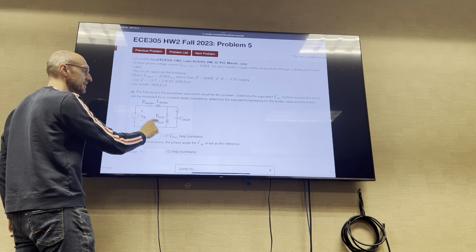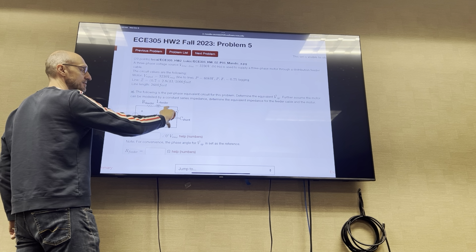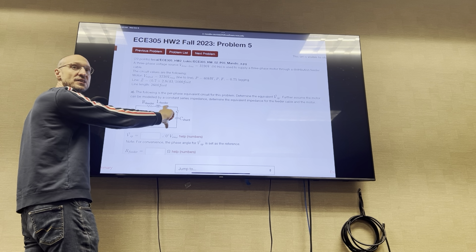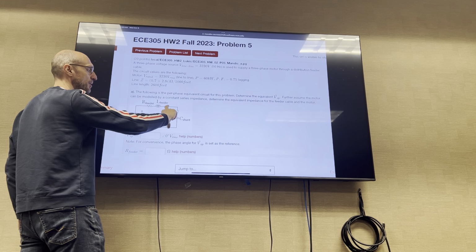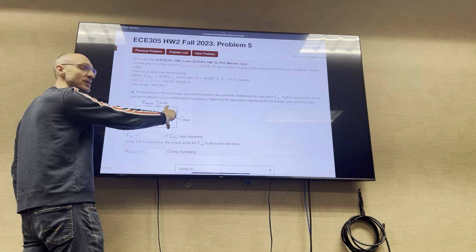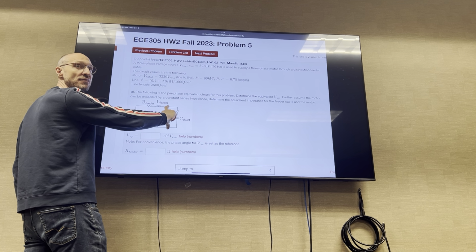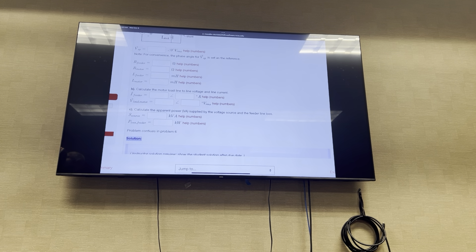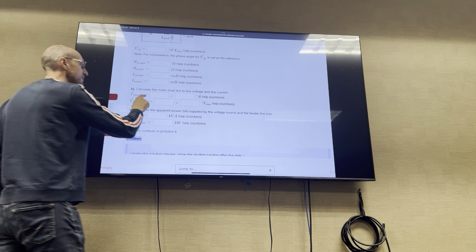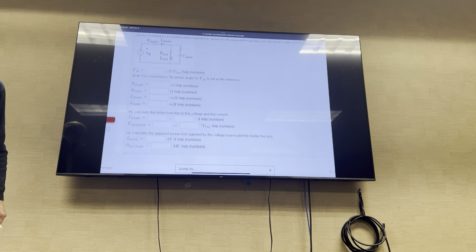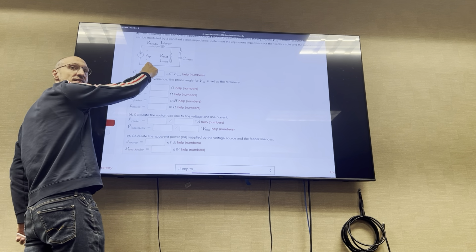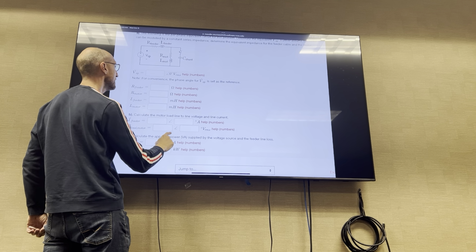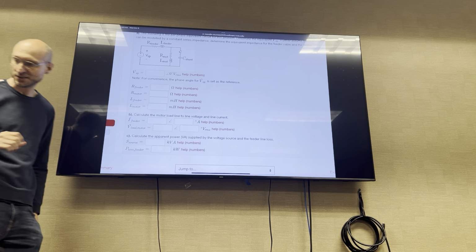So I could find the current, and then that current multiplied by this voltage will give me the voltage across the motor. That'll give me the line to neutral voltage. I multiply that by square root of 3, phase shifted by 30 degrees to get the line to line voltage across the motor. So I think that's all okay. So that'll be I feeder, which was the current in the per phase equivalent.